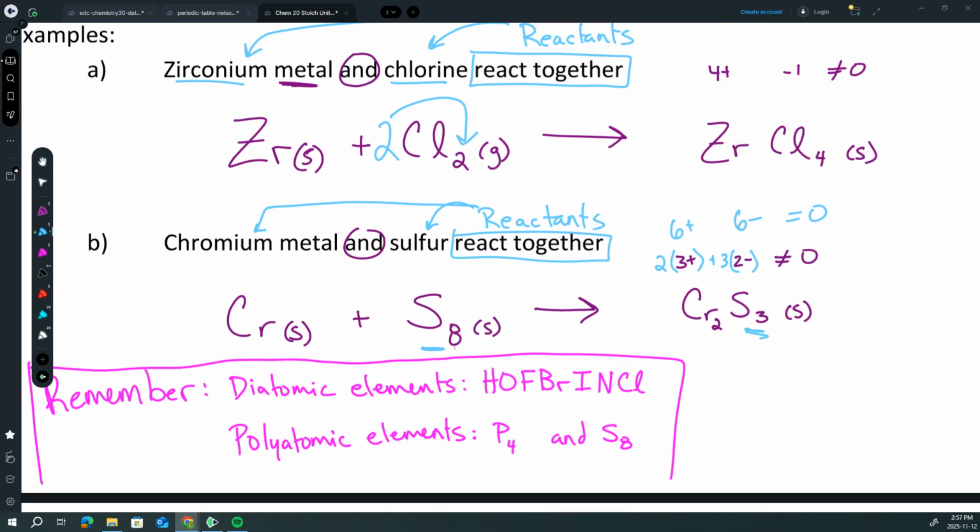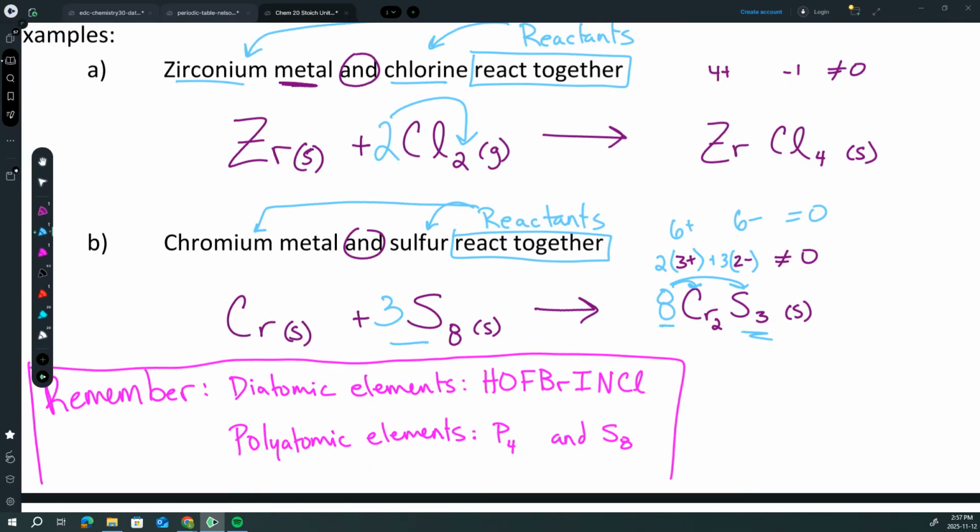Lowest common multiple, that's going to be 24. So 8 times what is equal to 24? 8 times 3 is equal to 24. And similarly, 3 times what is equal to 24? Well, 3 times 8 is equal to 24. So now we have 24 sulfurs coming in and 24 sulfurs coming out.